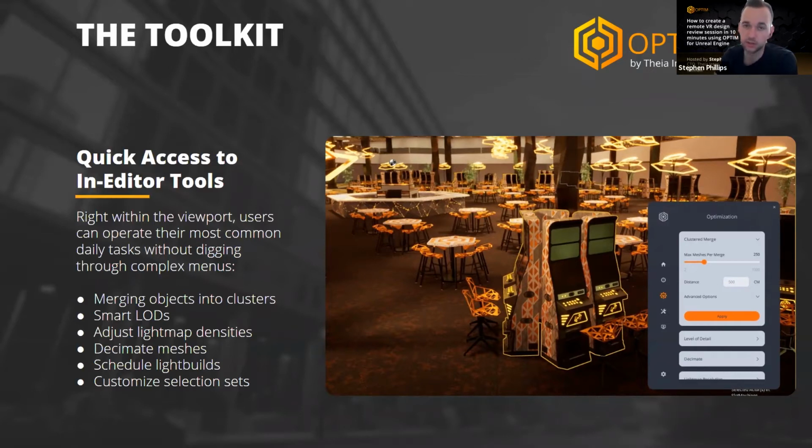And similar to the importer, we offer a lot of optimization tweaks and typical utilities that you're used to doing in the traditional Unreal Engine interface, like creating LODs or decimating your meshes, grouping objects into different clusters. And we can do this and many more things right from Toolkit, right in the viewport, without any of the extra windows and detailed panels and scrolling and all the more complex settings that are hidden within those Unreal Engine menus.